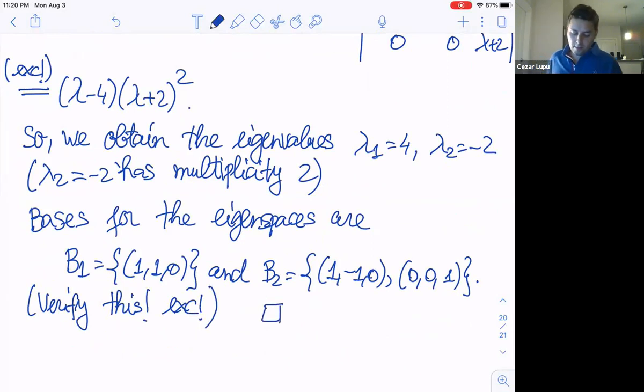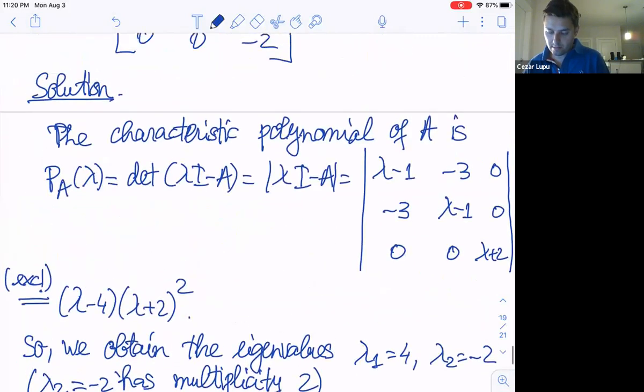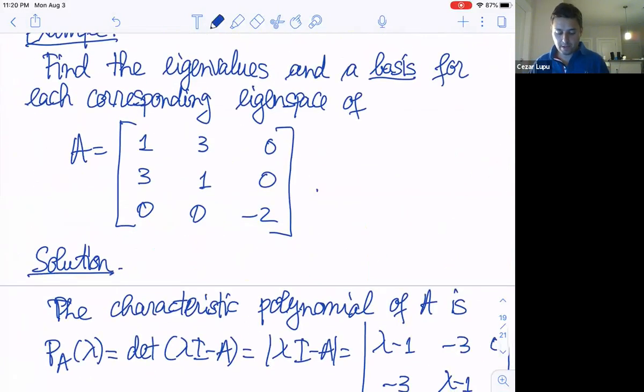And now I want to make a comment on this result. I want to point out some remarks. This example, as you can see, illustrates two results.